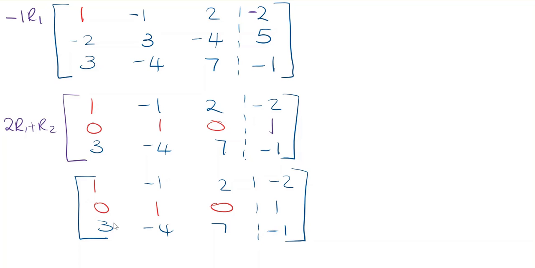This time I'm going to change my row 3. I need this 3 to change to a 0.